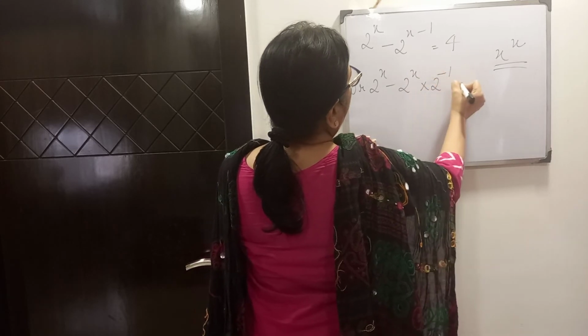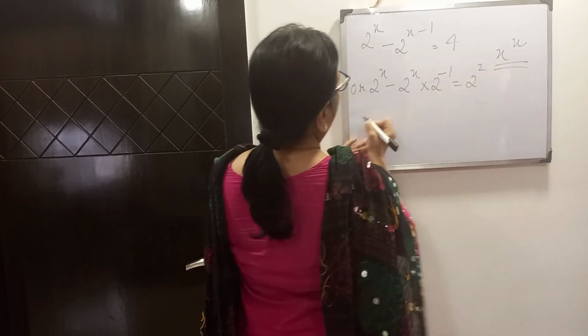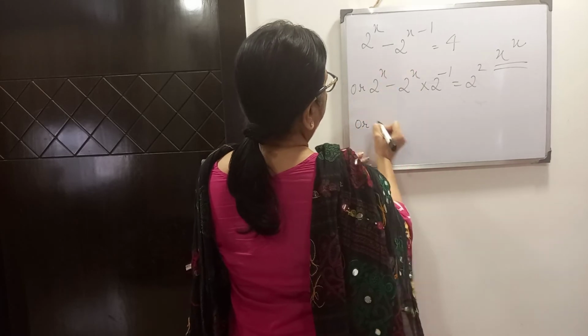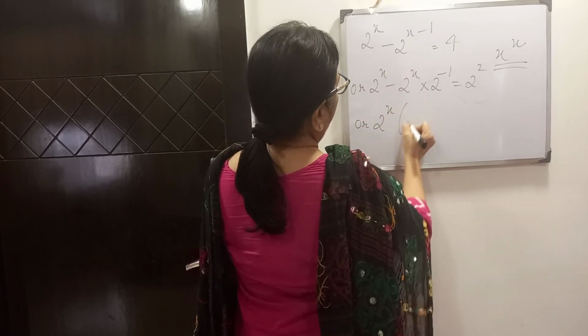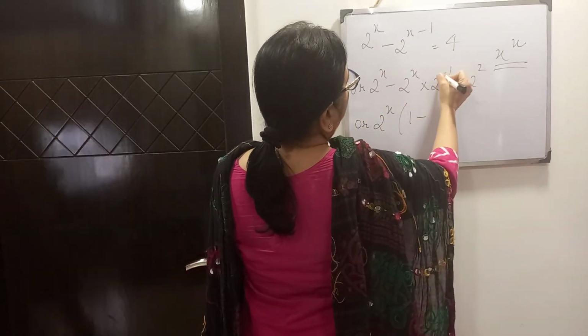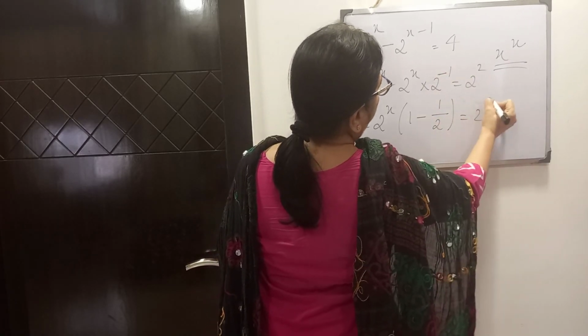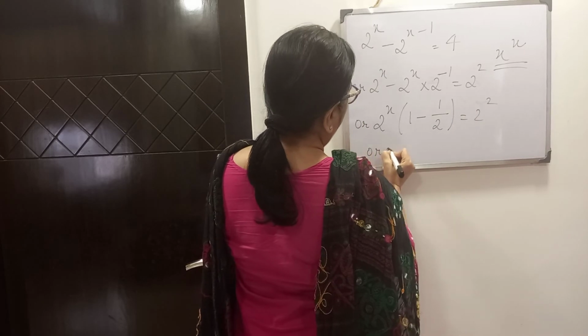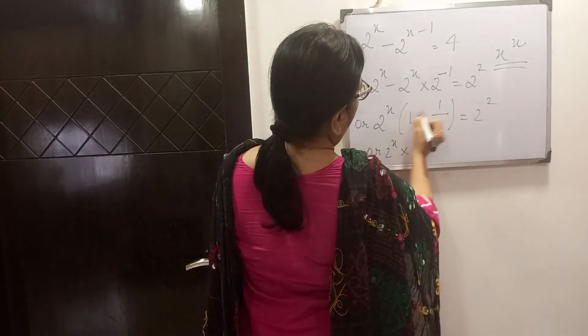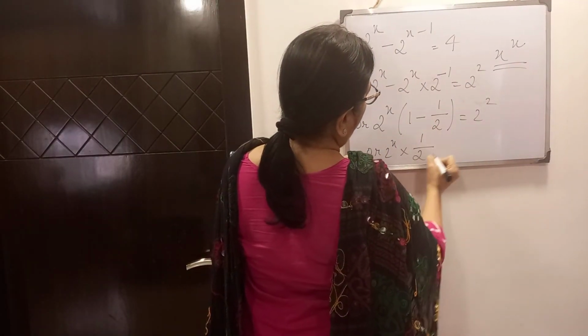I am separating this. Equals, right hand side, 2 square we can write. Now we can take 2 to the power x common. So it is becoming 1 by 2. The power is negative, so we can write in this form. 2 to the power minus 1 means 1 by 2.